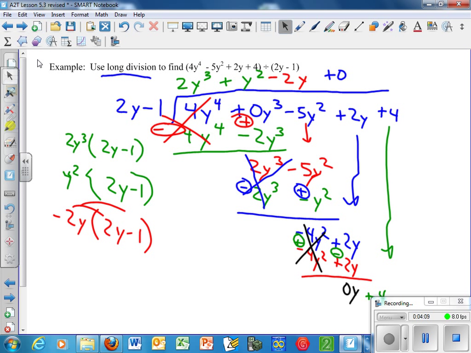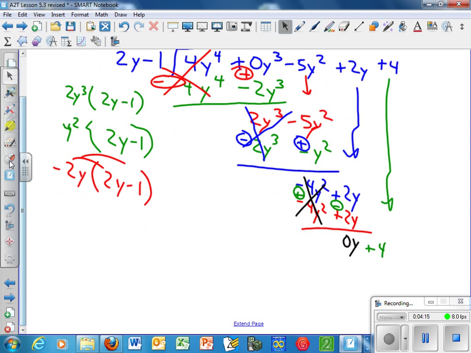If I do that, now I take 0 times 0y plus 4. This is just one way of thinking of it. I pretty much get 0y minus 0. I change the signs. Okay, that still drops out. So basically that positive 4 ends up being our remainder.